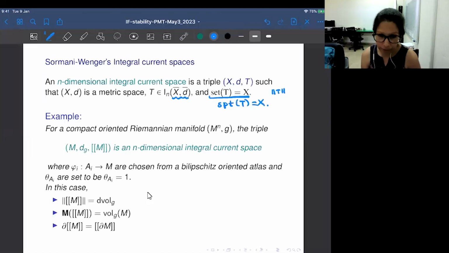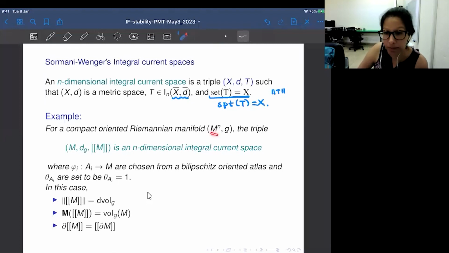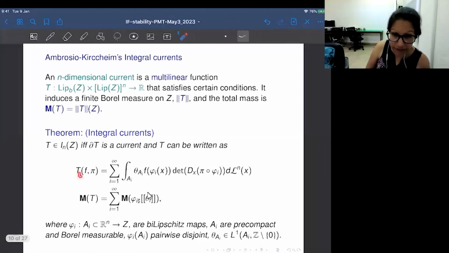And then the main example comes from Riemannian manifolds. Given a Riemannian manifold that I want to be oriented and compact, we can define an integral current space in this way. I put M, the distance coming from the Riemannian tensor g, and then this current will look like this type of currents. And here I have to choose weight equal to 1.